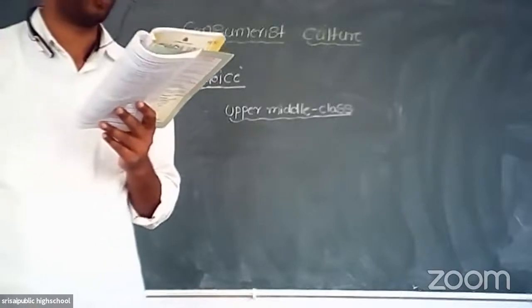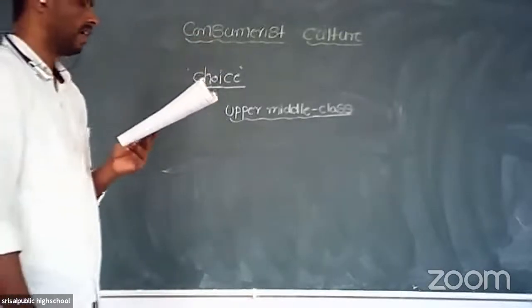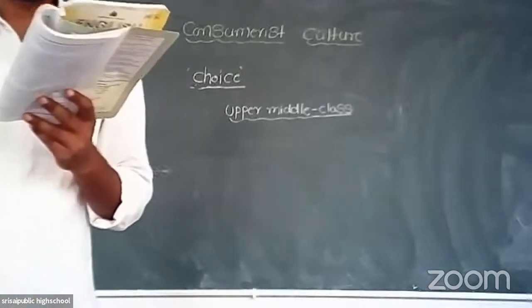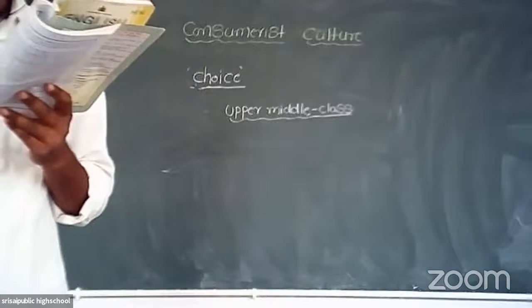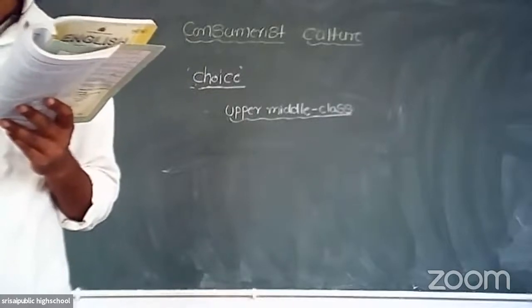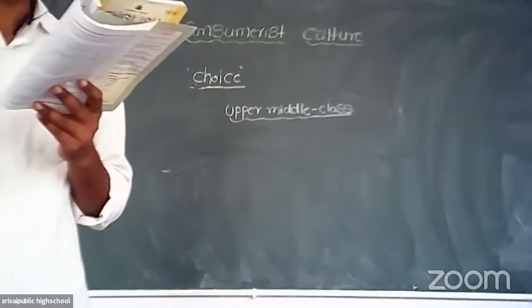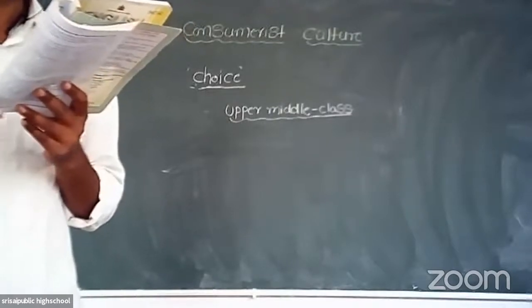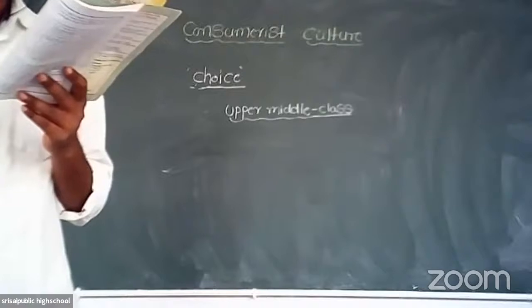So they here means who? They here means upper middle class people. And they take to it like ducks to water. So what have they taken here? Choice. So the upper middle class people have taken the choice like ducks to water. What is the meaning of ducks to water?